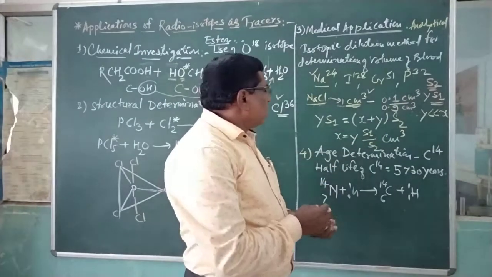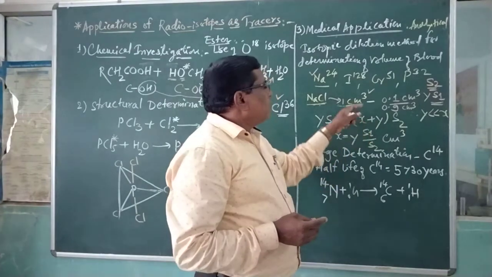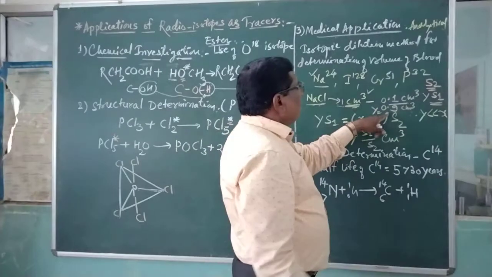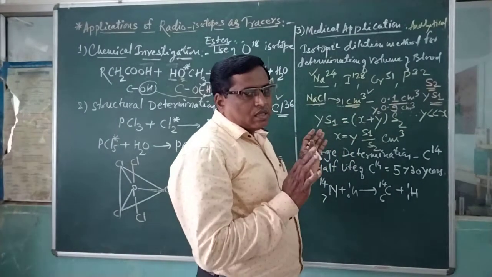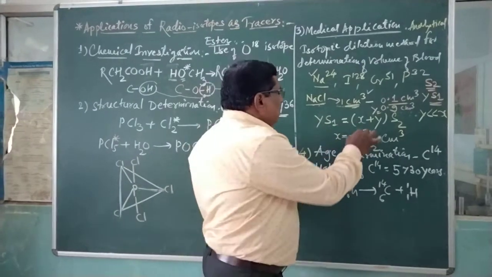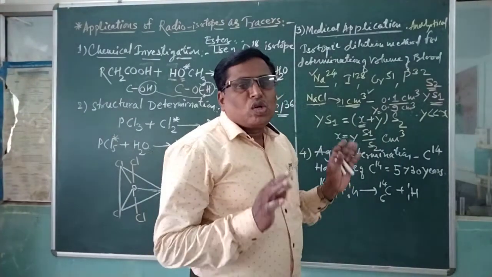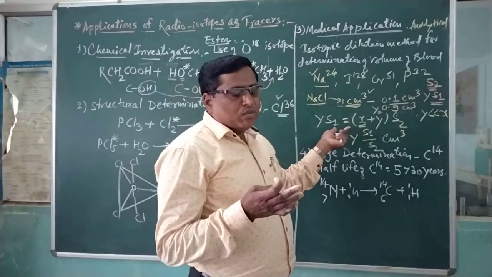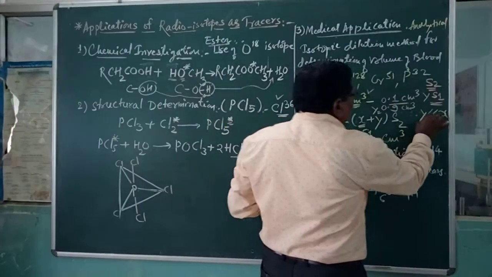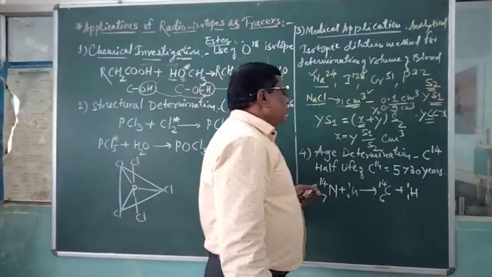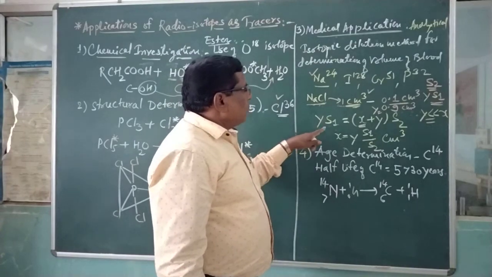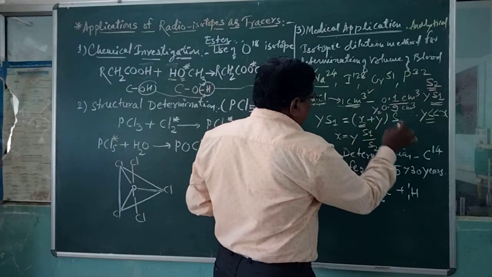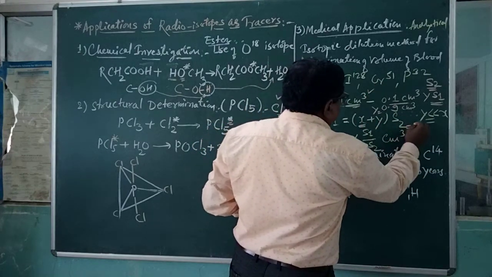Here y is 0.9 cm³, which is very small compared to x. x is the total blood in the patient's body, and y is the added blood, 0.9 cm³. Since y is very small compared to x, y is neglected, so the equation becomes x S2.